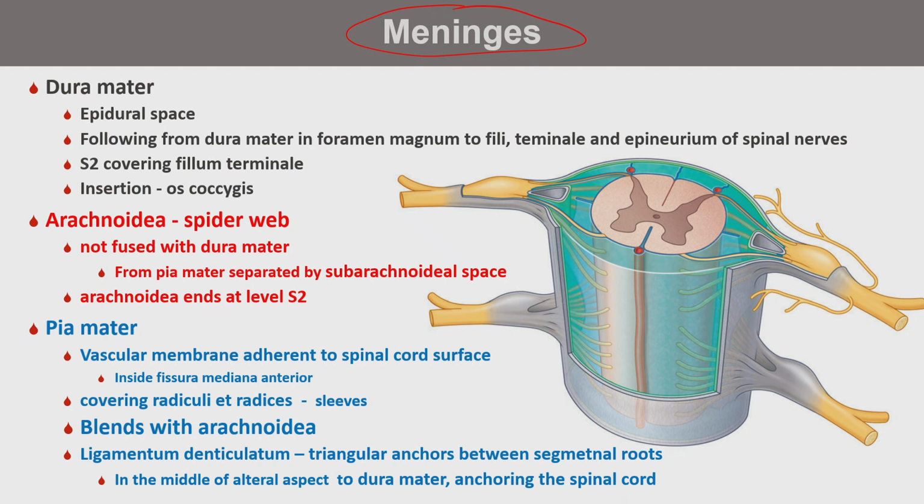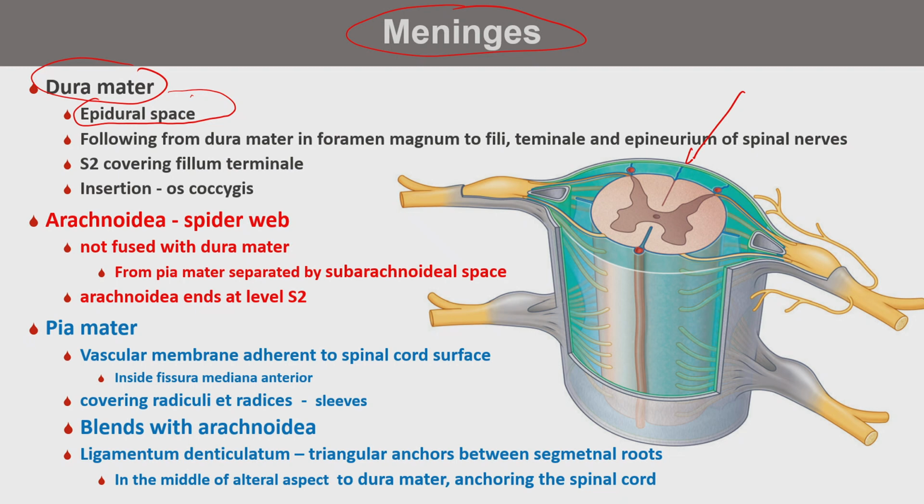Meninges are membranes which are covering the central nervous system. The central nervous system has 3 layers of those. When we go from outside to inside, the first, like neurosurgeons see it when performing surgery of a spine, is the dura mater. So the dural sac is surrounded by epidural space.